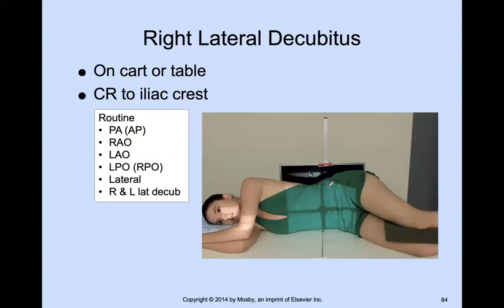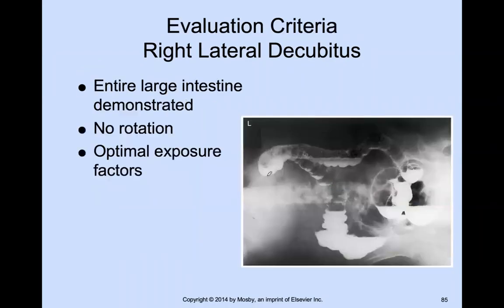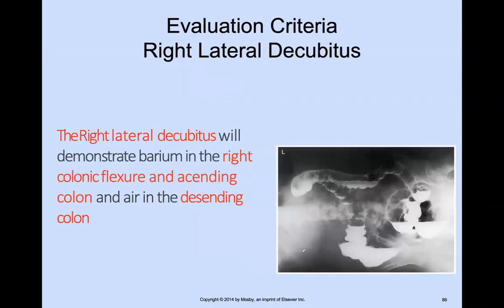Then we have our right lateral and left lateral decubitus. The decubes are only for double contrast exams. The right lateral decubitus means that your patient is lying on their right side. The left side is the upside.